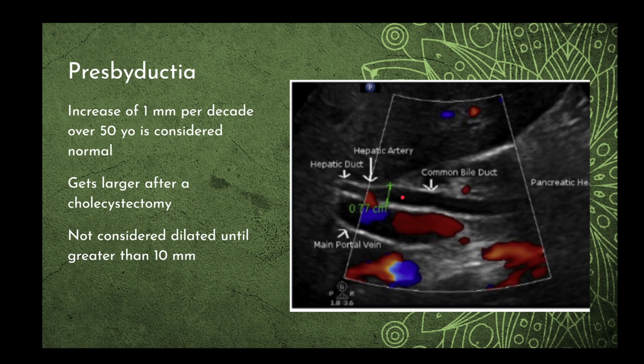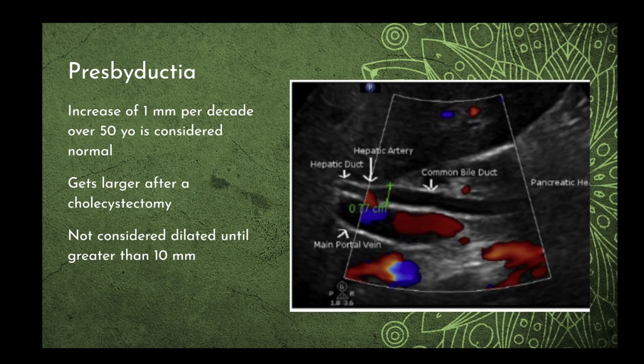So if we have a 9 millimeter post-cholecystectomy common bile duct, totally fine, no matter the age. That 9 millimeter common bile duct in an 80-year-old, also fine. But if it's a 9 millimeter common bile duct in a 40-year-old who's having right upper quadrant pain, not okay.